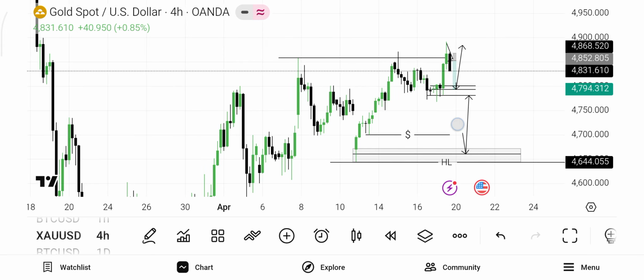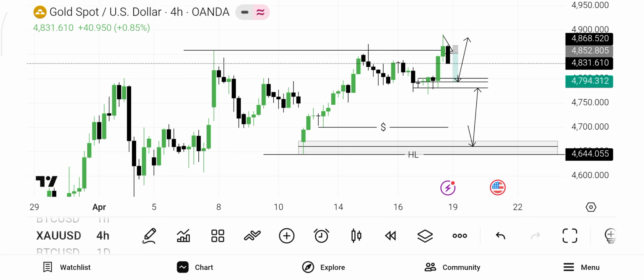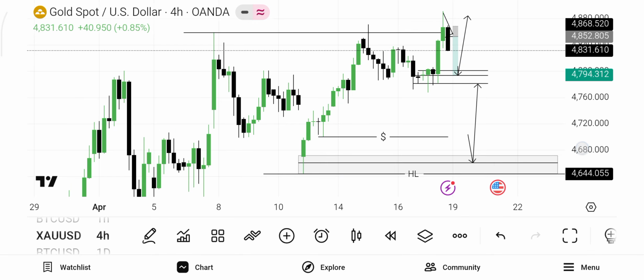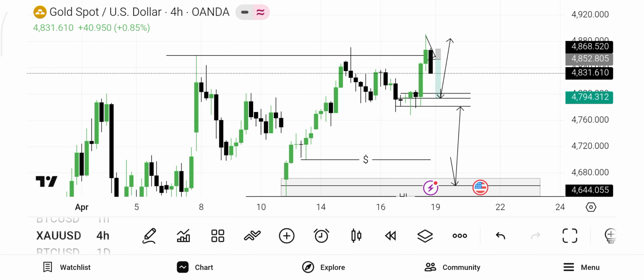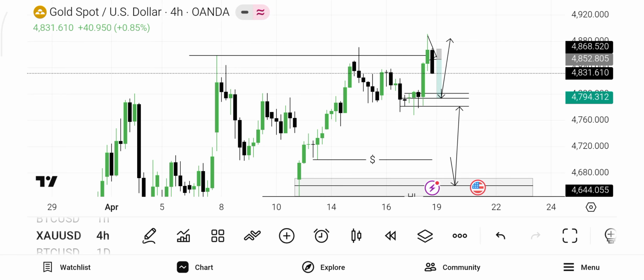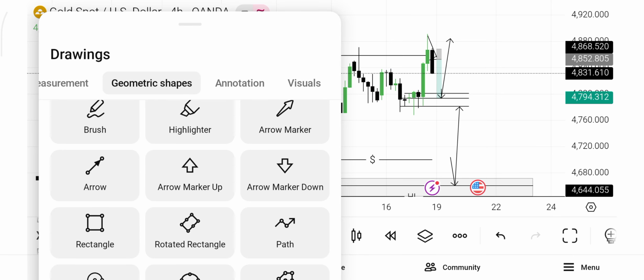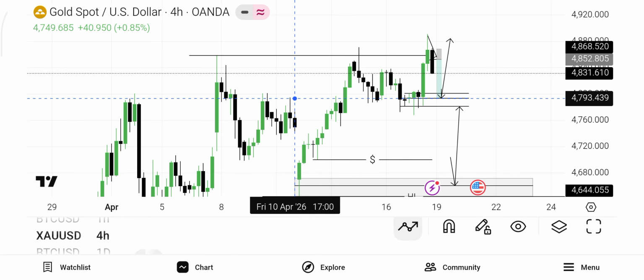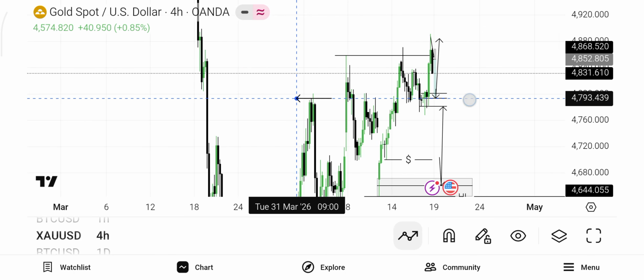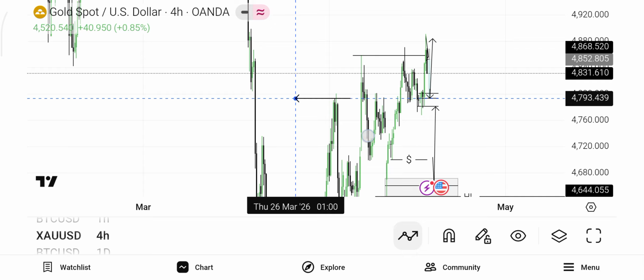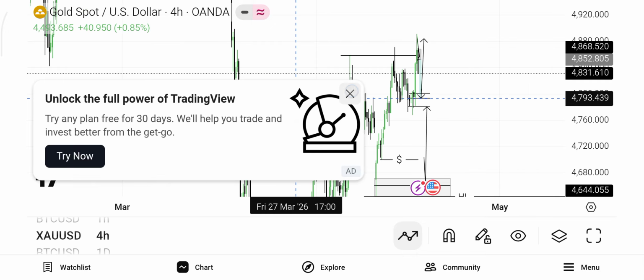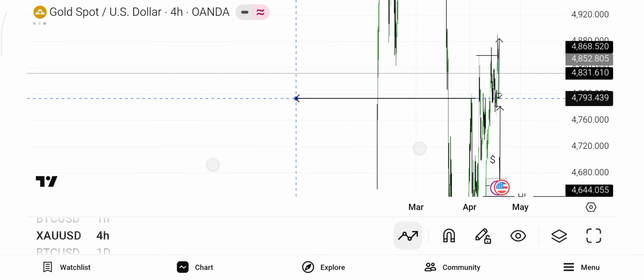Okay, so now on a 4 hours time frame, identify these zones here. I'm hoping you can see how I marked it out.